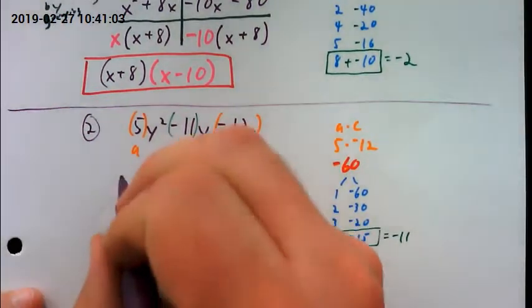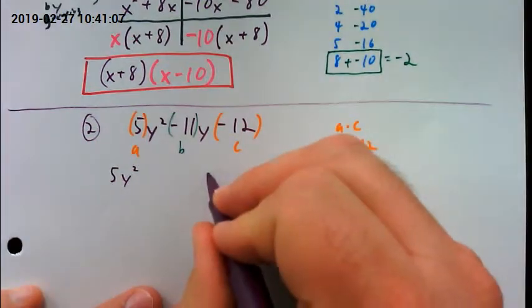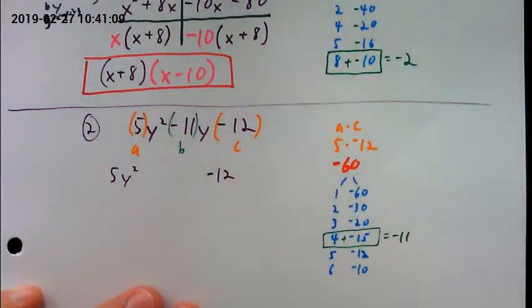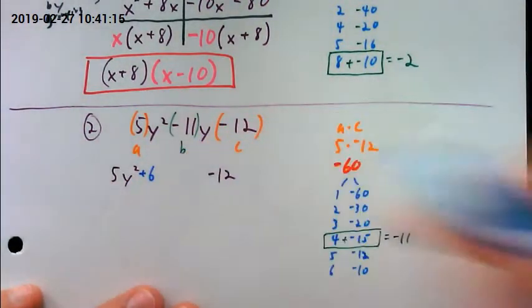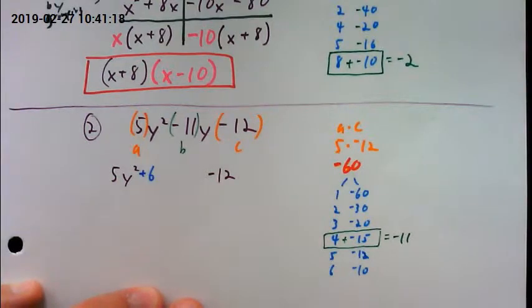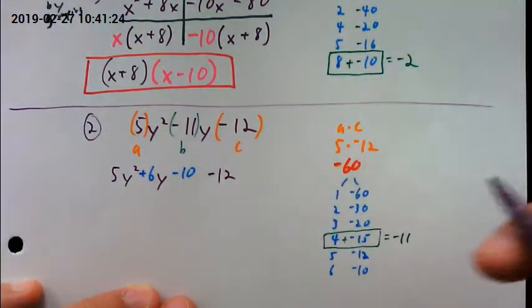So we're taking 5y squared, dropping that down. We're taking negative 12, dropping that down. But then that value in the middle gets split. So we have a positive 6y and a negative 10.